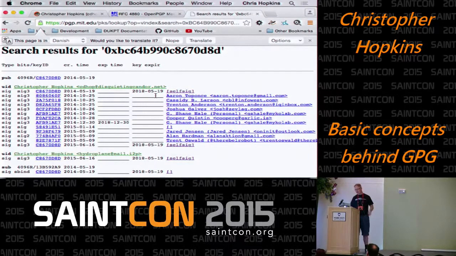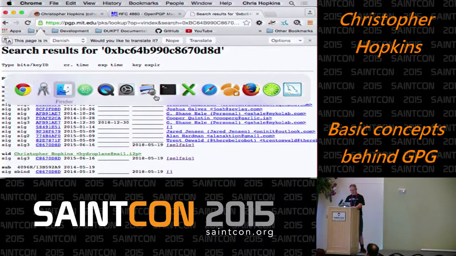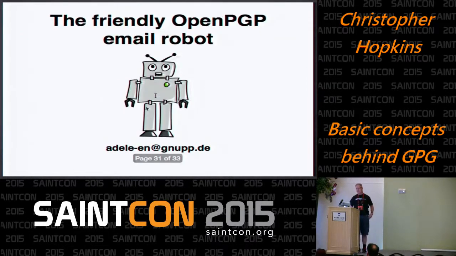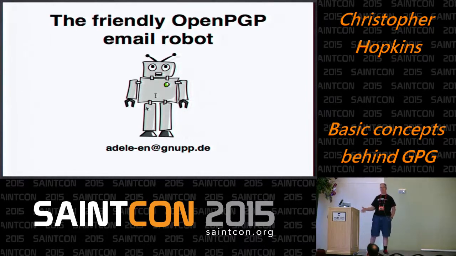What I would recommend, in the presentation here, let's go back to that, is use the training key server and the Adele. Maybe fire up a VM, play with GPG, generate a key, knowing that you don't plan on really using this in the long run. You're just using it to learn, to get familiar and comfortable with it.